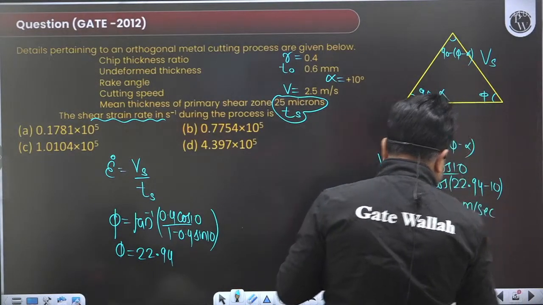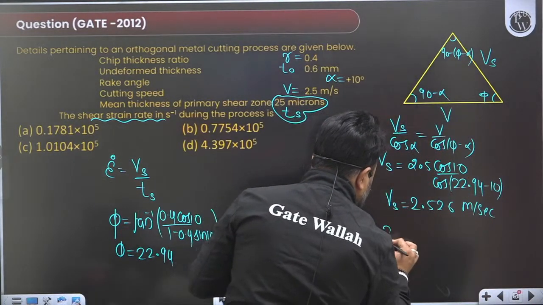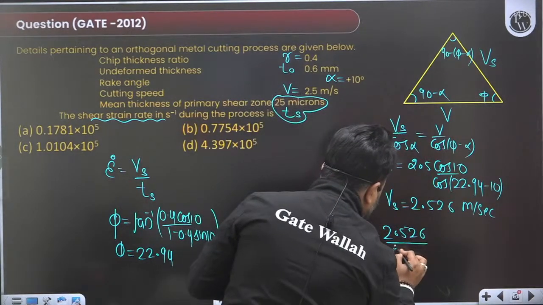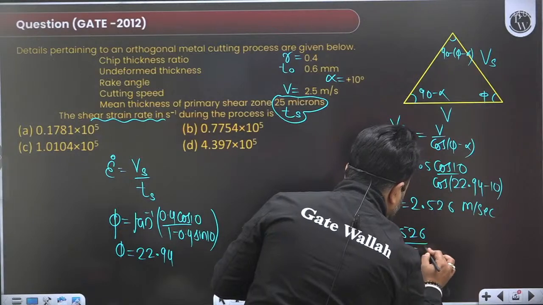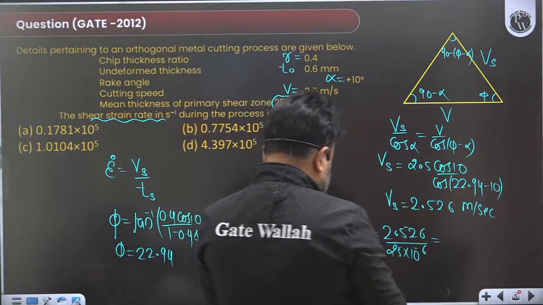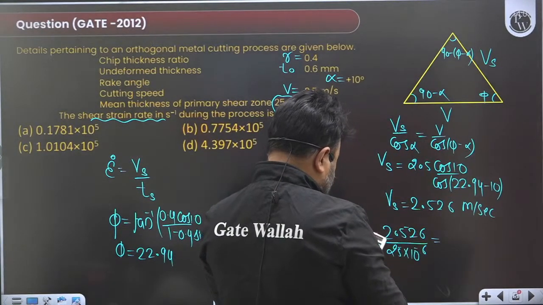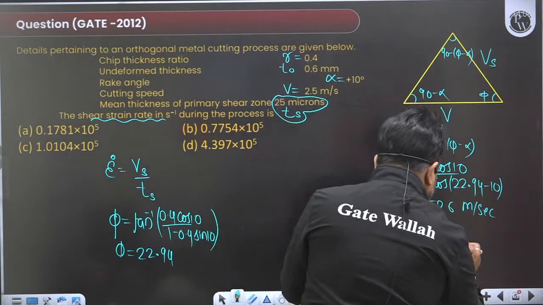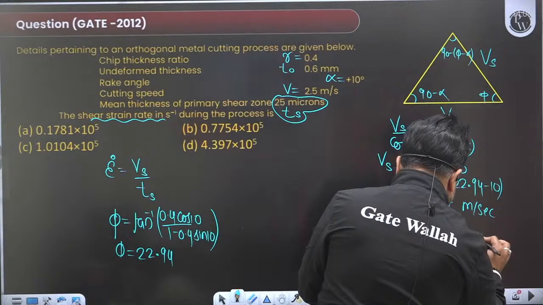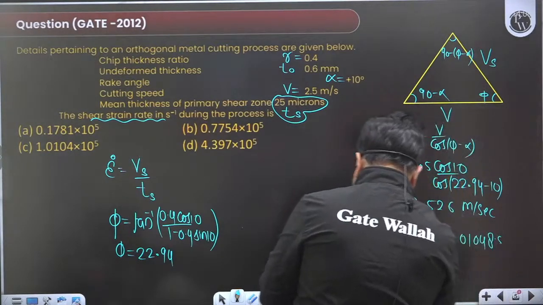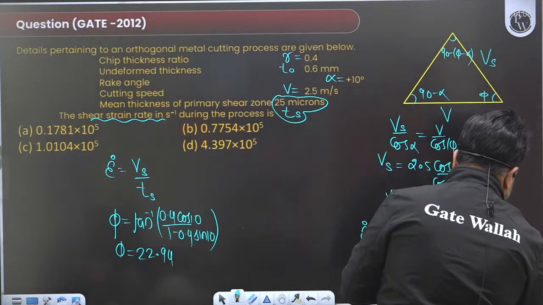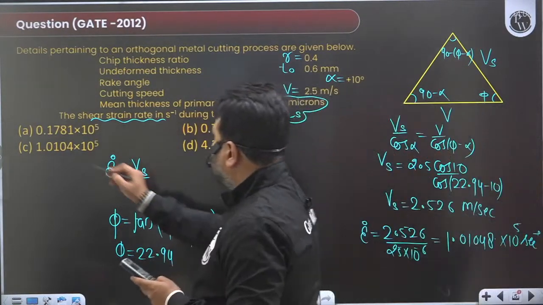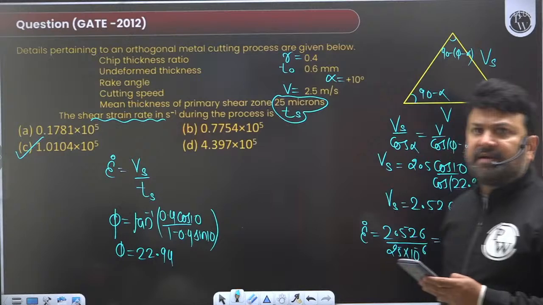So shear strain rate is 2.526 divided by 25 into 10 to the power minus 6, which comes to 1.01048 into 10 to the power 5 per second. Option C is the correct answer.